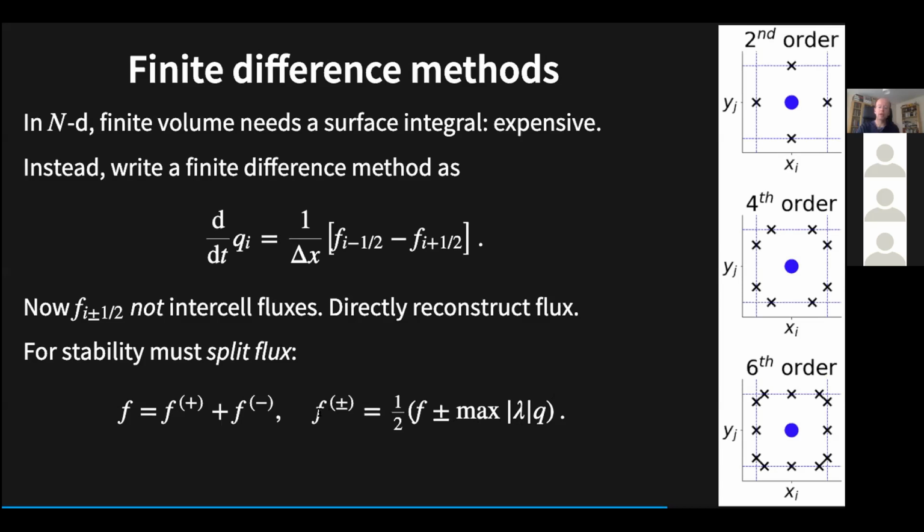Having reconstructed both the positive and negative fluxes, so we reconstruct the positive fluxes from left to right and the negative fluxes from right to left, so it's appropriately upwinded for the direction, we can then add together these two reconstructed fluxes to get F itself from F plus and F minus, giving us the half integer terms which we can use to update the finite volume approach.